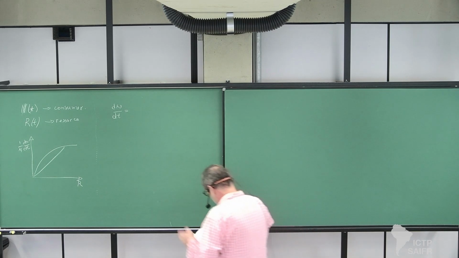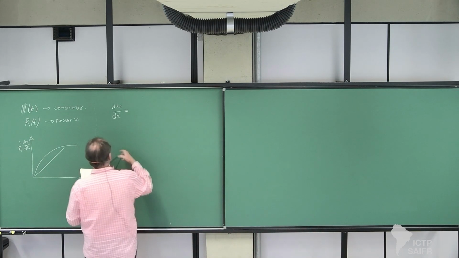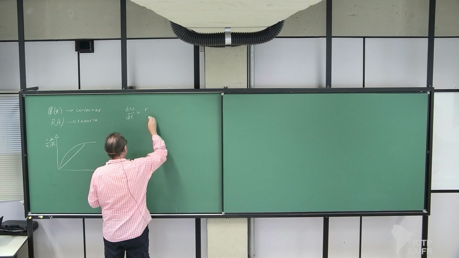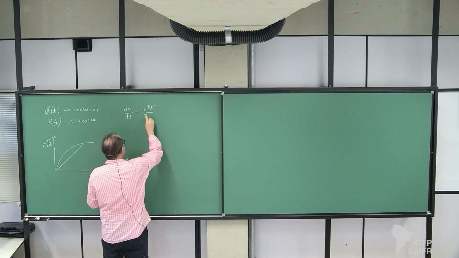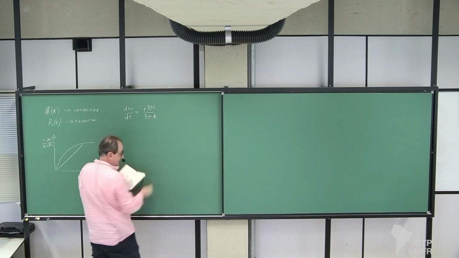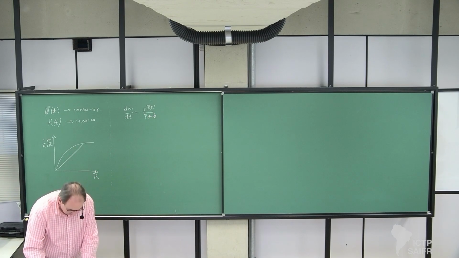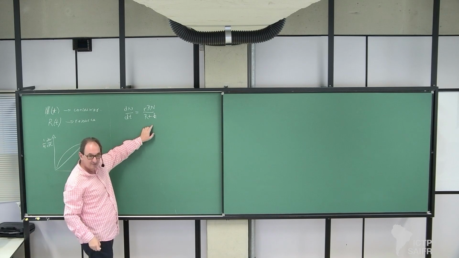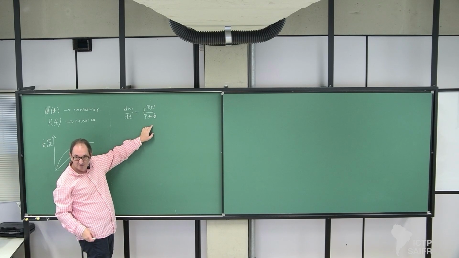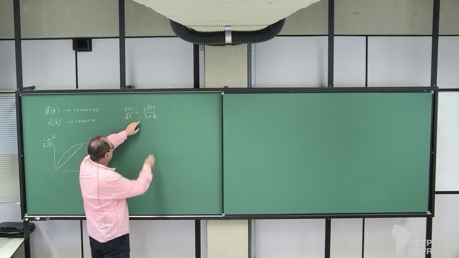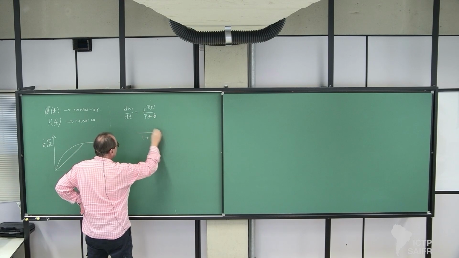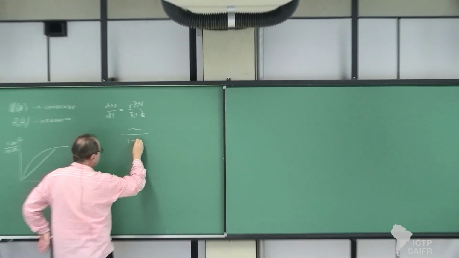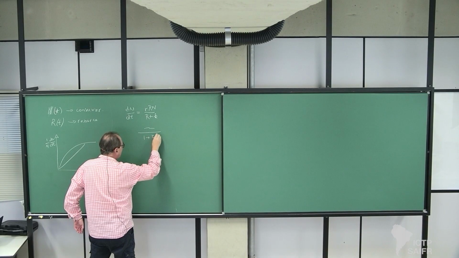Okay? But here we can be a little bit more realistic. So we'll have something like that. And I will write it in this way. It's not the same way I wrote it before. Before I wrote it as something that was 1 plus some tau r.